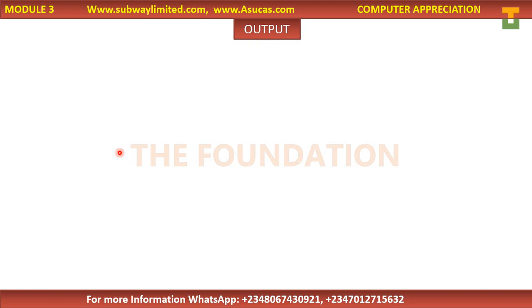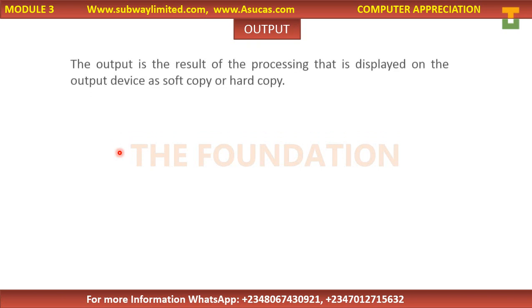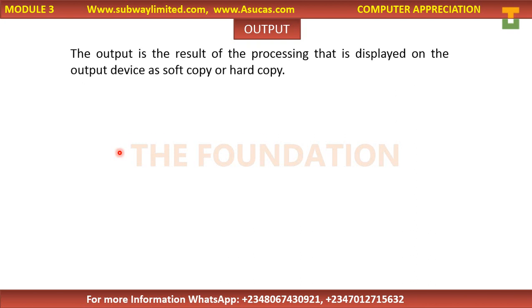Output. Let's take a look at output, because output was part of the term that we use in the course of defining what a computer is. Output is the result of the processing that is displayed on the output device as soft copy or hard copy.